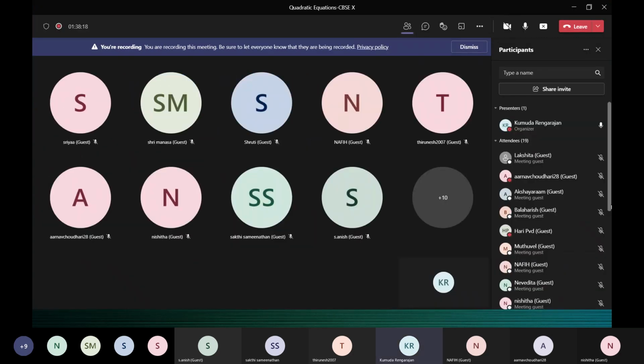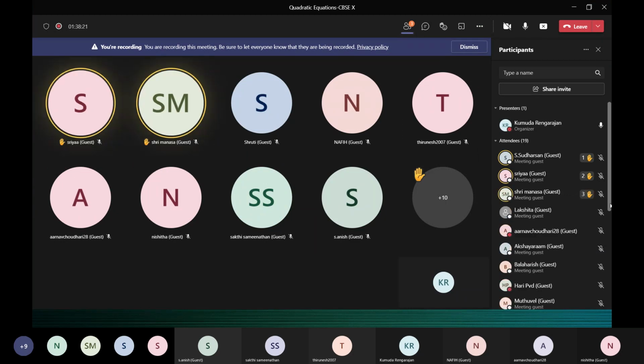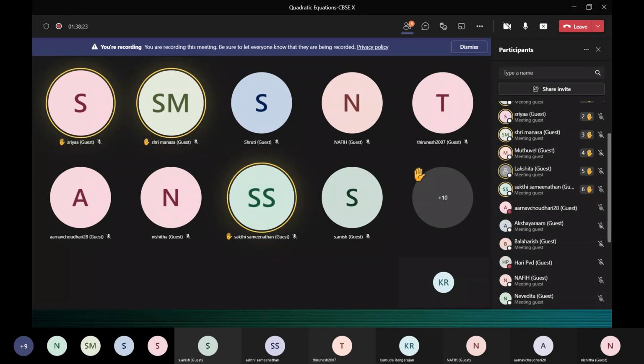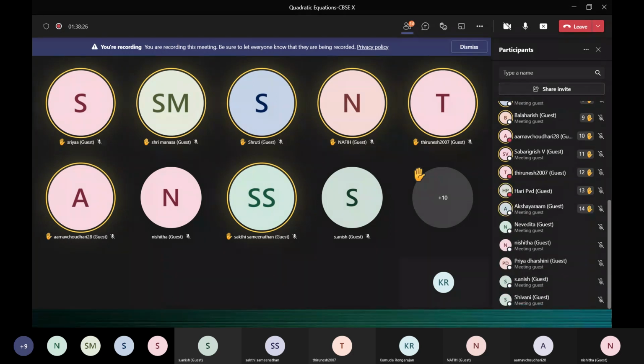Class, use the emoji. Raise your hand. Nishita, Anish and Shivani. Anish, are you there?